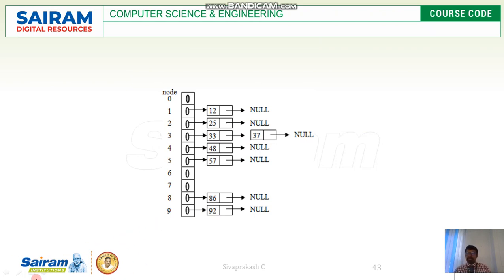We have taken all the numbers from 0 to 9, and the number which has the first digit 1 will be stored here. The number which has the first digit 2 will be stored in this place. Then 3, then 4, then 5, then 8, and 9. The other entries are empty because there is no number starting with 6 and 7.